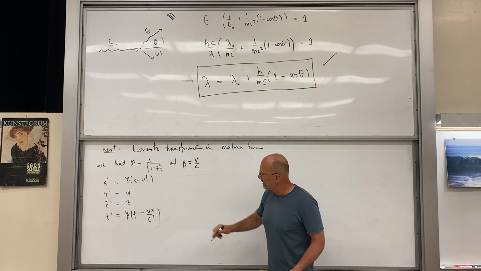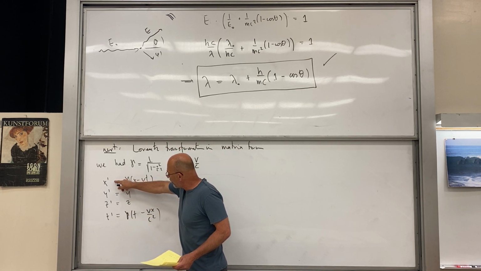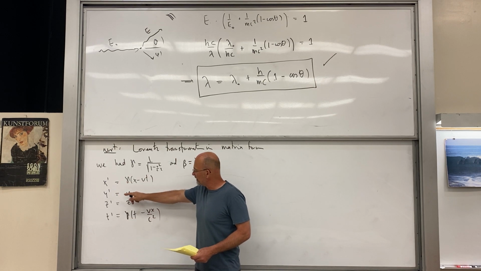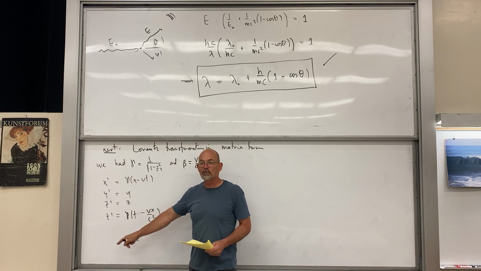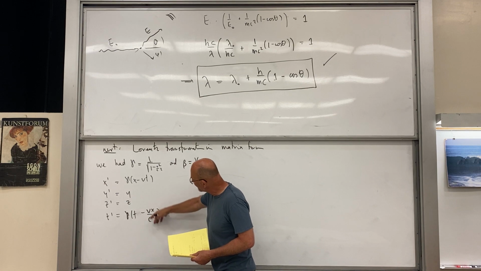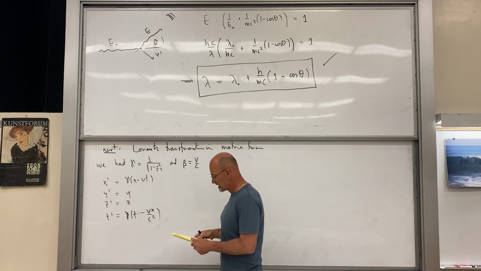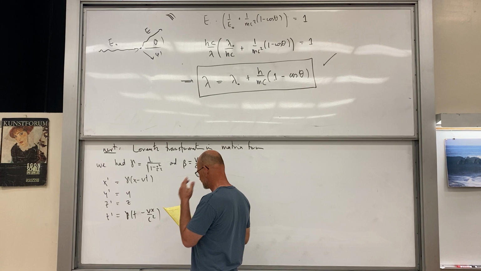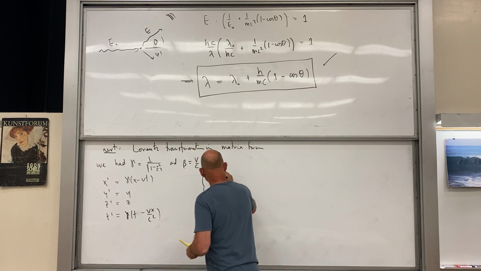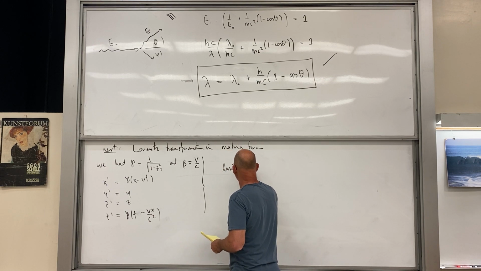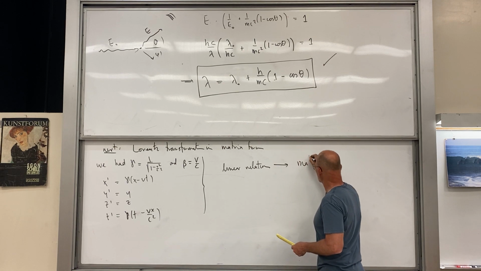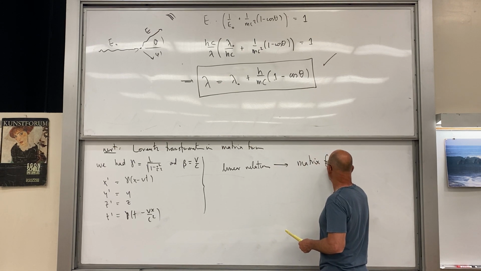What you see is you can imagine a 4x4 matrix in which your x, y, z, t is converted to x, y, z, t prime. Okay, because there are linear relations, right? The right side of these are all linear in x, y, z, and t. Linear relations imply that we can put them in matrix form.